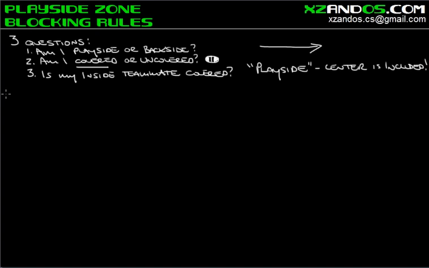Let's start with our first talking point, which is a statement that an offensive player would make when going through these questions. The first statement is, I am covered and my inside offensive lineman is also covered.